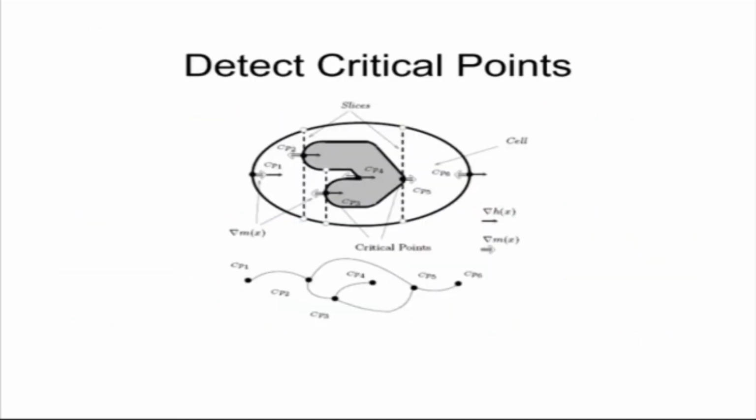Now, how do we detect the critical points? As in the previous case, wherever it hits a vertex or there is a change in gradient of the surface profile, where the line is going up and also down, that point will be a critical point.